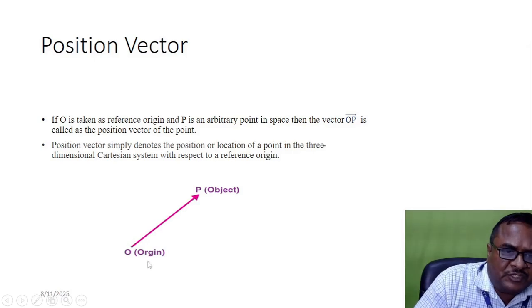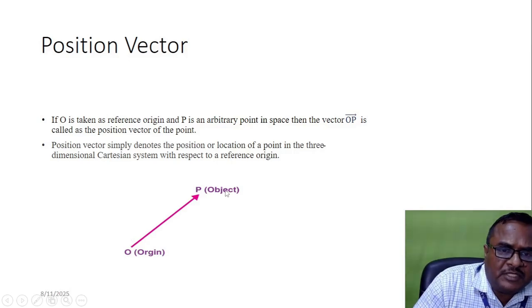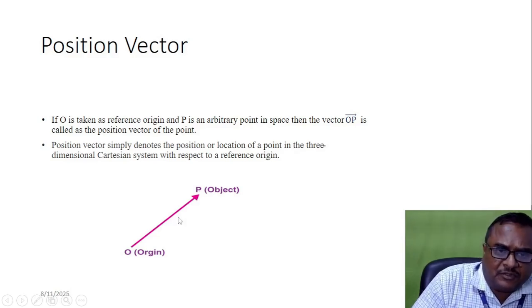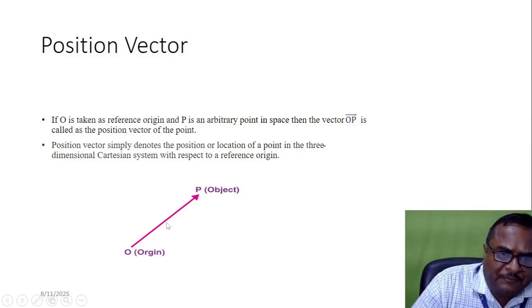Then the next one is the position vector. Suppose O is taken as the reference origin, and we have an object denoted by a point P, P of x comma y comma z.